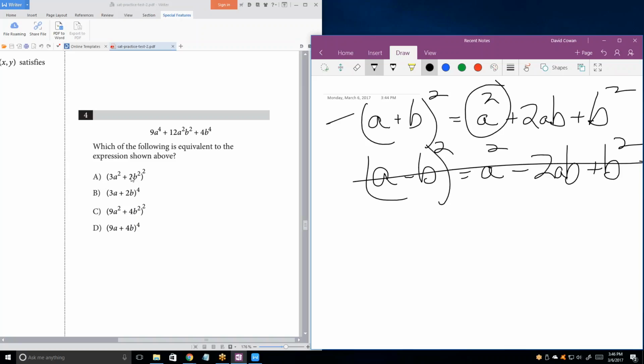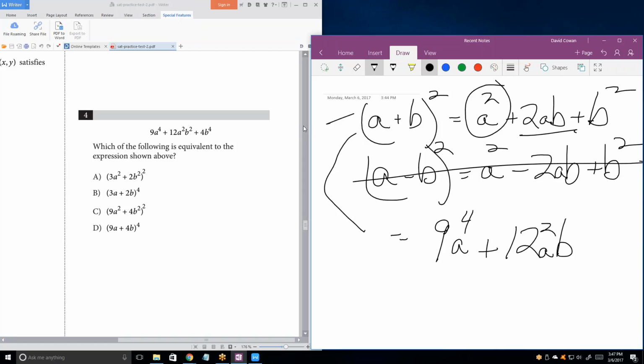So all you have to do is test answer A, and you immediately figure out, well, my A is 3a squared, which turns into 9a to the 4th. My B is 2 times A times B, which turns into 12a squared b squared.